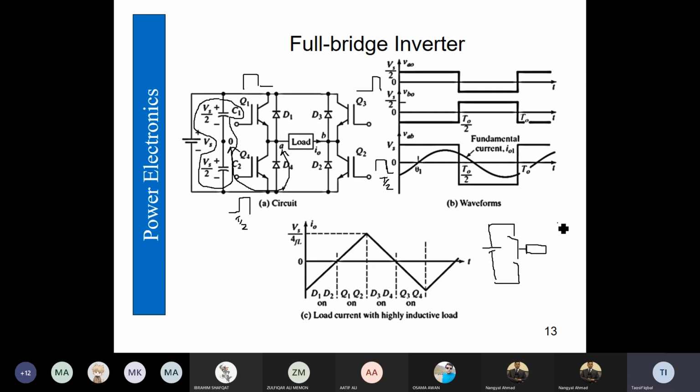So this is basically the bridge. And here we connected the load. So now to get the positive cycle, we are going to close Q1 and Q2, and current is going to flow like this in a resistive load or in an AC load.